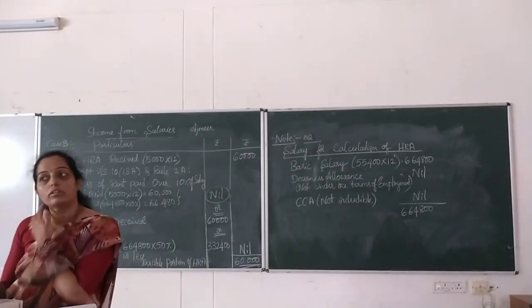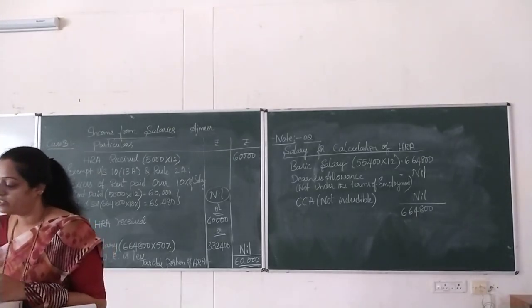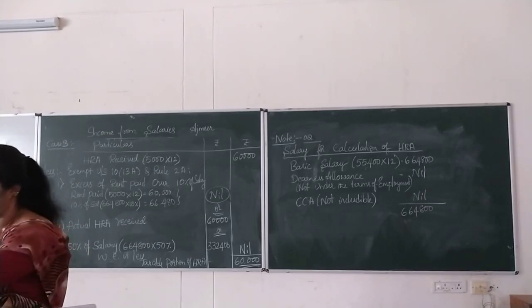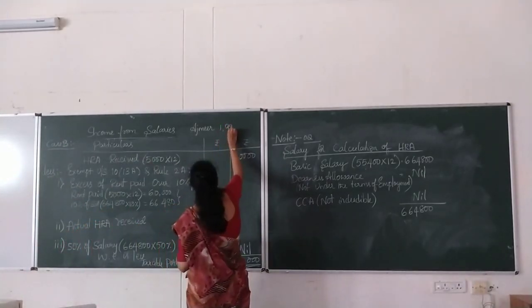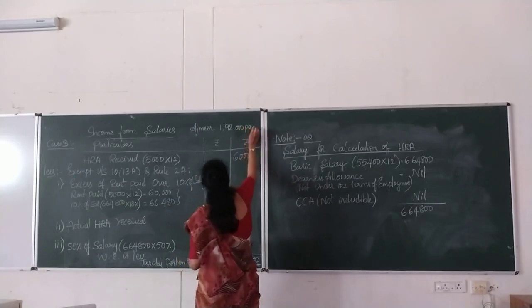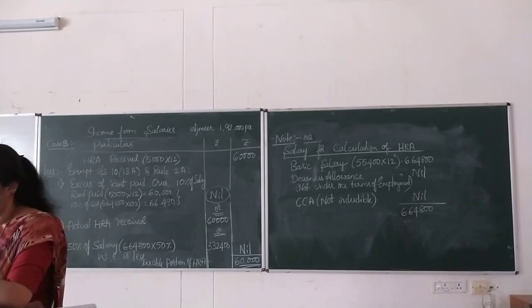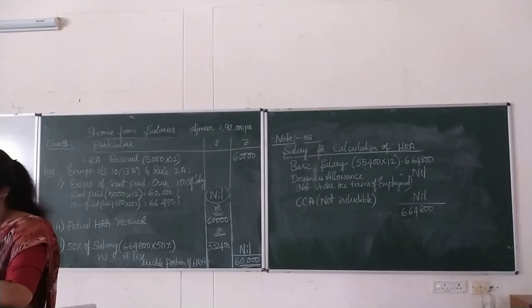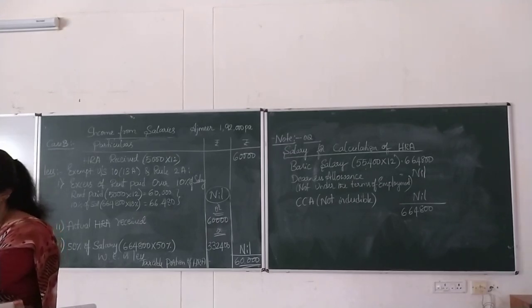Ajmer comes in a North Indian state. X, a resident of Ajmer, receives 1,92,000 per annum basic salary during the previous year 2019-20. Full stop.